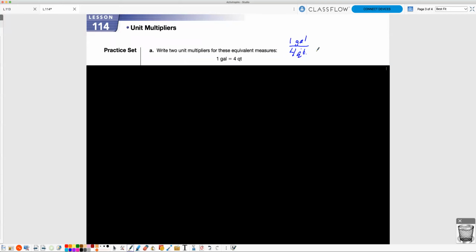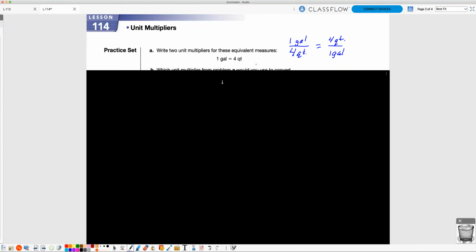That is 1 unit multiplier. Another unit multiplier that would be equal, because they would both be equal to 1, would be 4 quarts over 1 gallon. So you've got 2 different unit multipliers for those measurements.